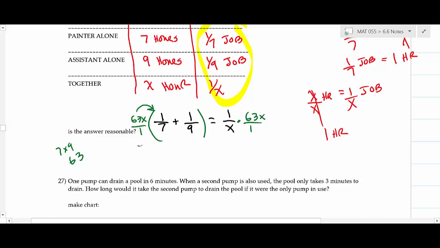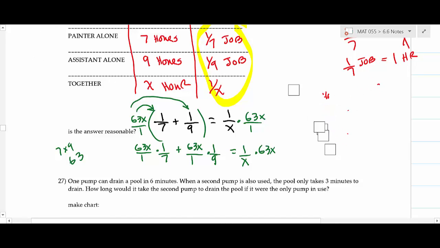We're doing the distributive property, so you'd have 63x over 1 times 1/7, and then 63x over 1 times 1/9. Then over here, you're going to have 1 over x times 63x. Hopefully we'll have a real simple equation to handle then.